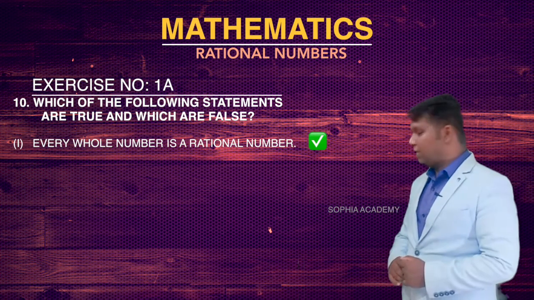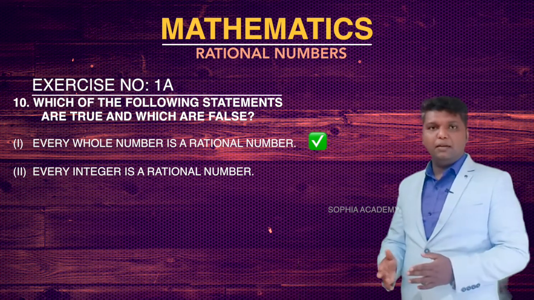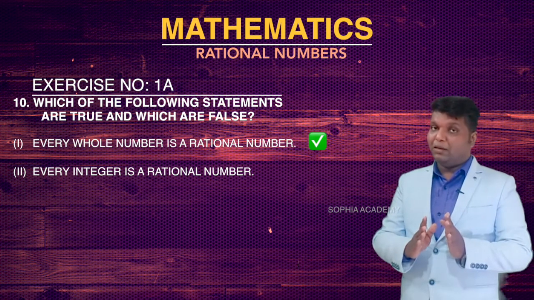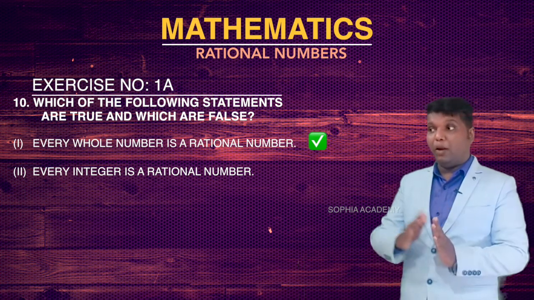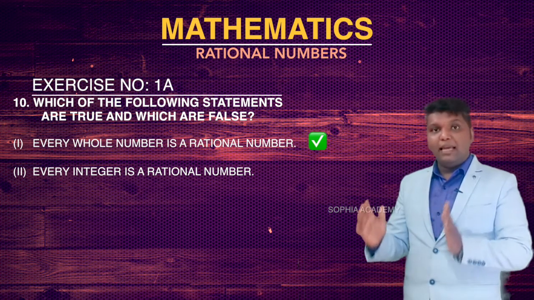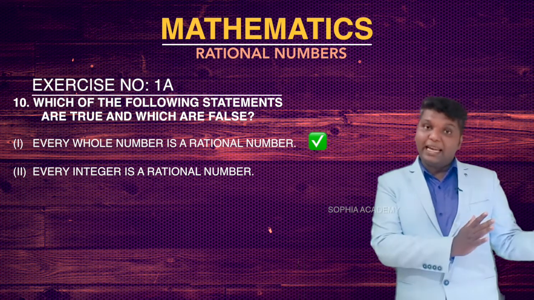Statement number 2: Every integer is a rational number. Integer means positive numbers and negative numbers including 0. Right now we talked about whole numbers. Whole numbers mean 0 and all the positive integers, right? So leave that part. Let us talk about the negative numbers.